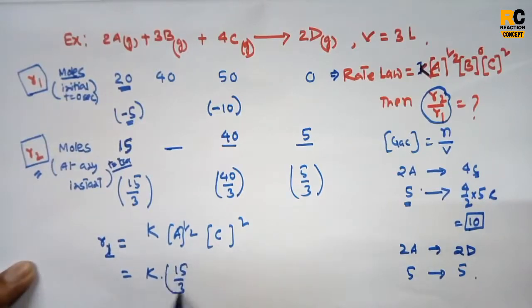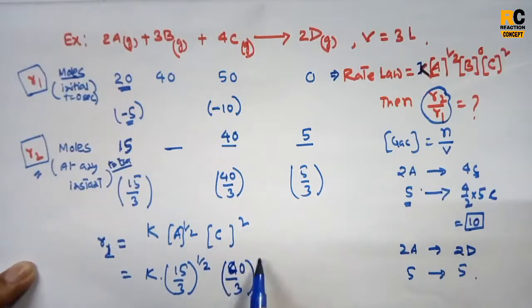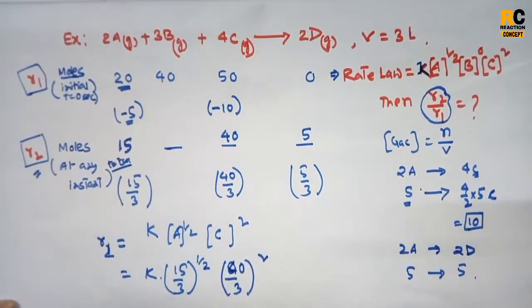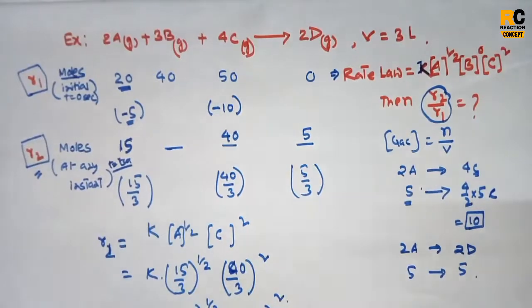So K into the concentration of A would be 15 by 3 and 40 by 3 whole square, whereas R1 would be K into 20 by 3 to the power half and 50 by 3 whole square.